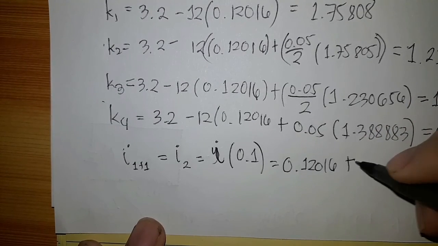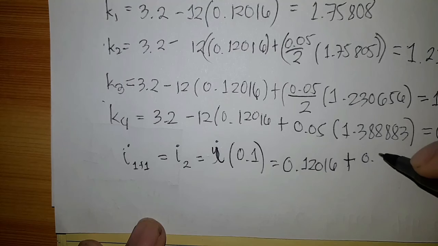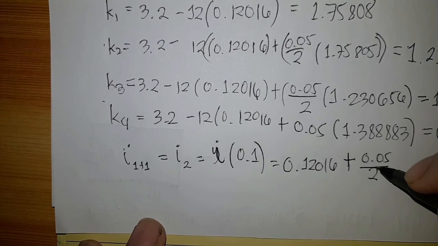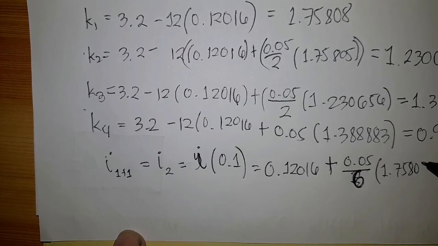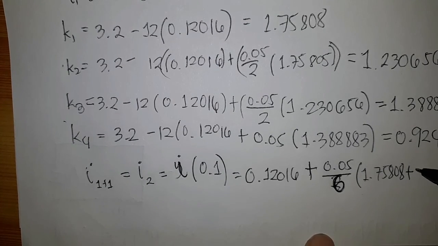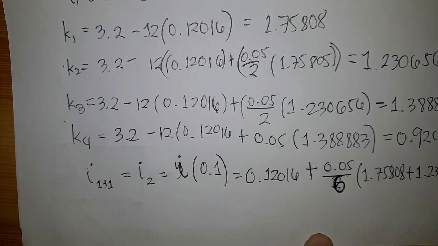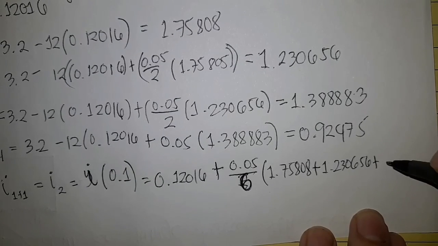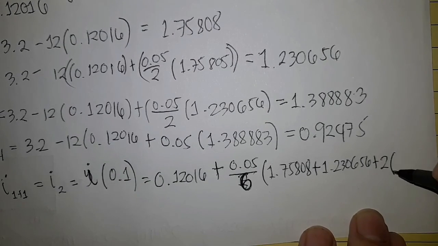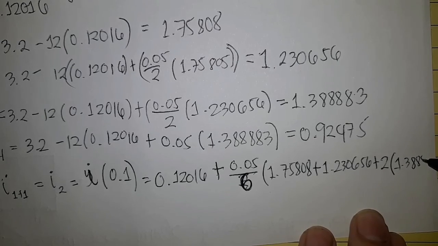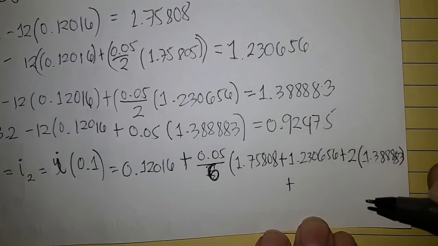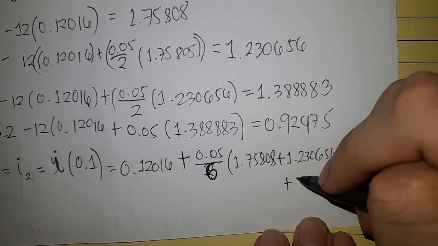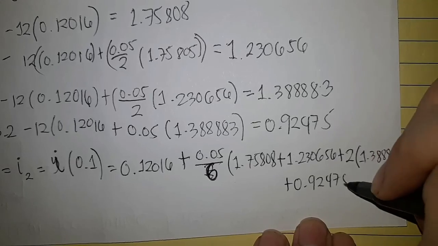0.12016 plus the step size, which is 0.05 divided by 6 in this formula, times K1, which is 1.75808, plus K2, which is 1.230656, plus 2 times the value of K3, which is 1.388883, plus the value of K4, which is equal to 0.92475.